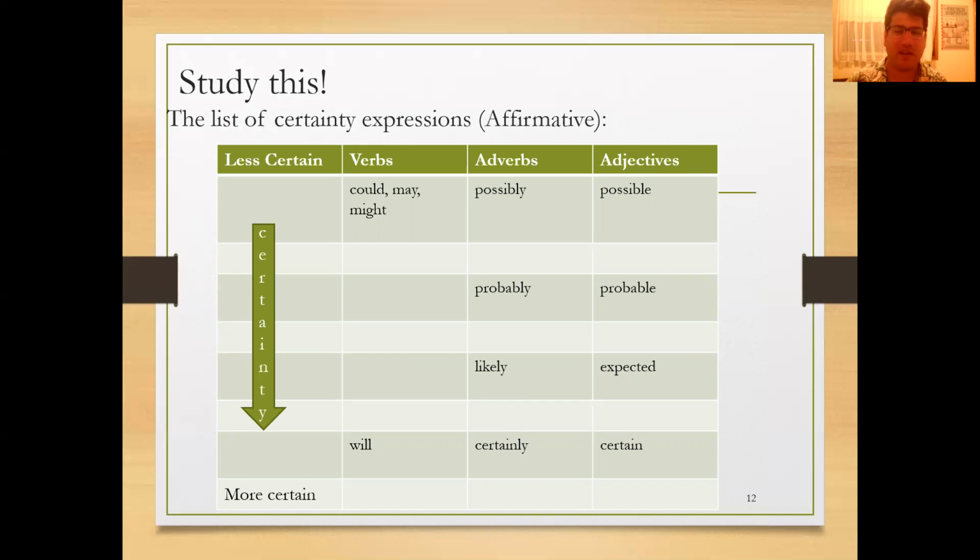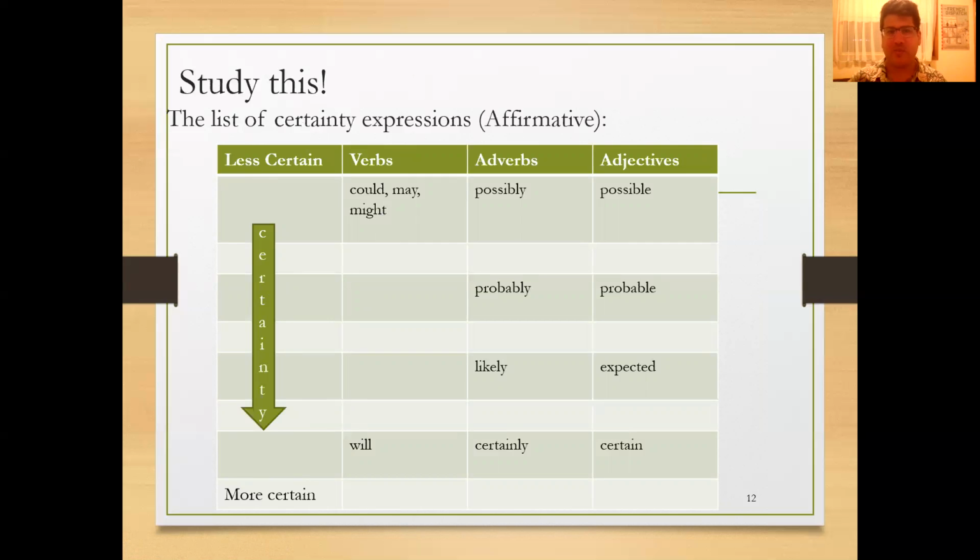On the left here, you can see we have this arrow of certainty at the top. We're less certain or less sure. And then as we go down, we're more certain or more sure. So we use these certainty expressions to convey levels of certainty.